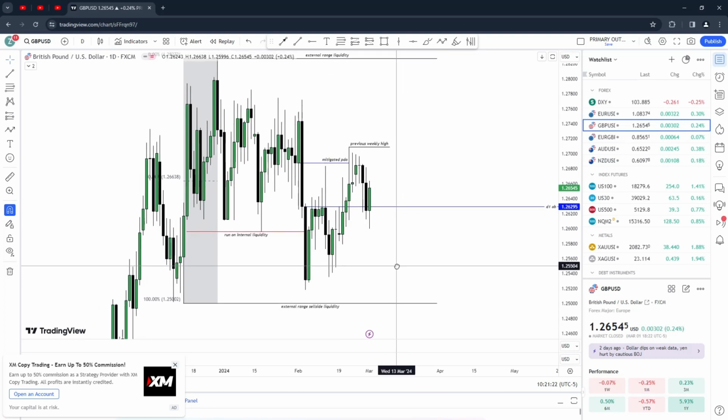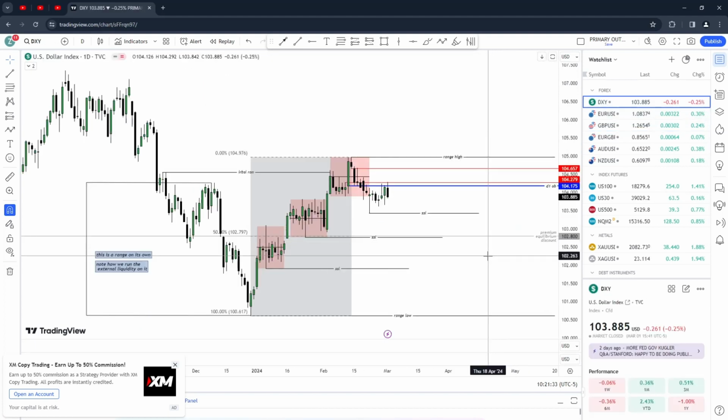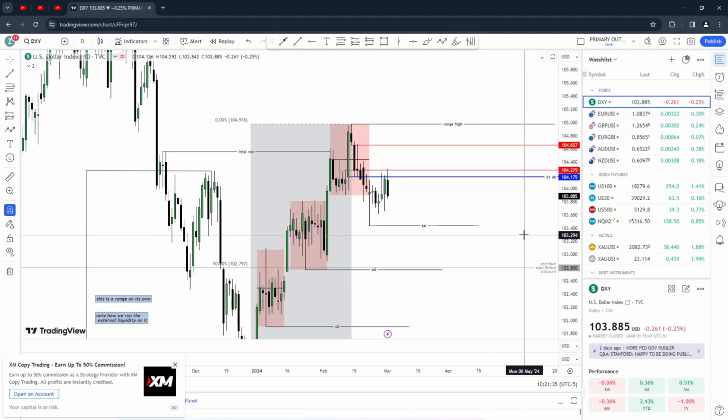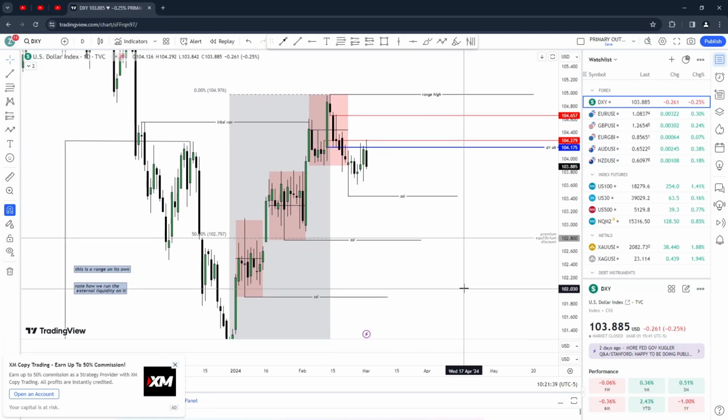The reason why I am convinced that this market is necessarily bullish is because DXY is giving us clear indications that it wants to go lower. And intermarket analysis tells me that if this is bearish, then GU has to necessarily be bullish, right?